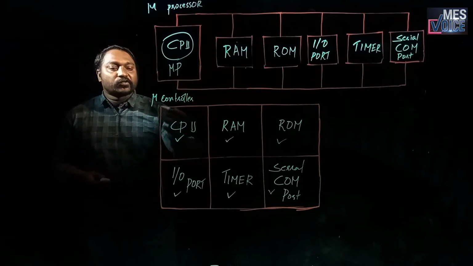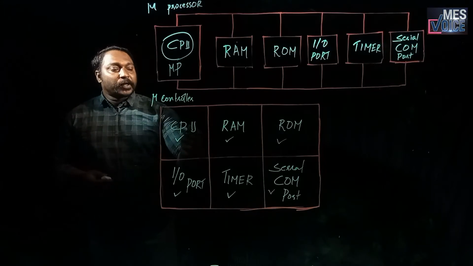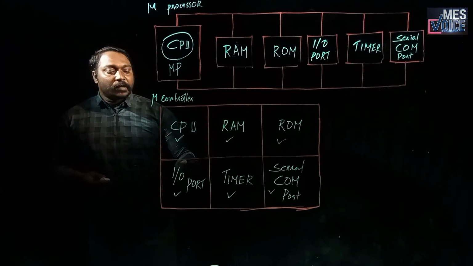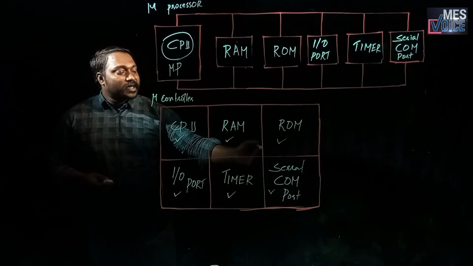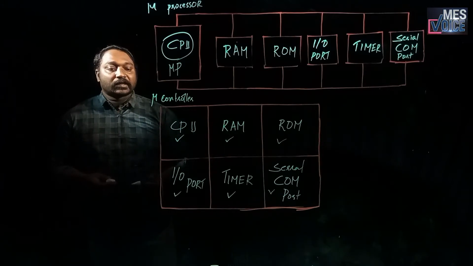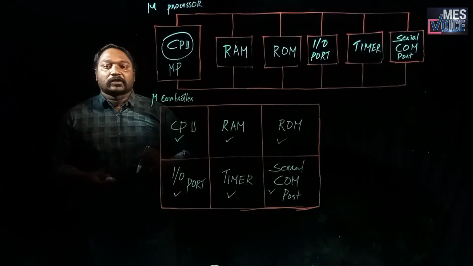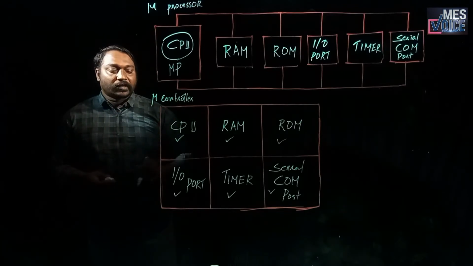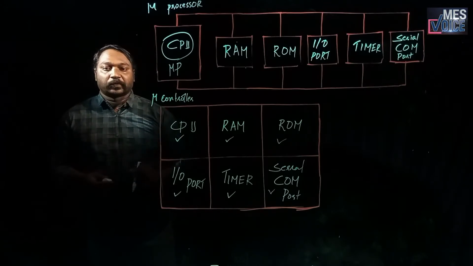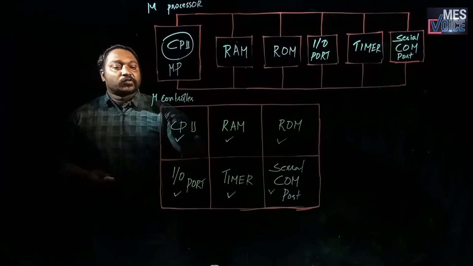But in the case of a microcontroller, the CPU, RAM, ROM, input-output ports, timer, and serial communication ports are integrated inside a single chip. That is the advantage of the microcontroller.